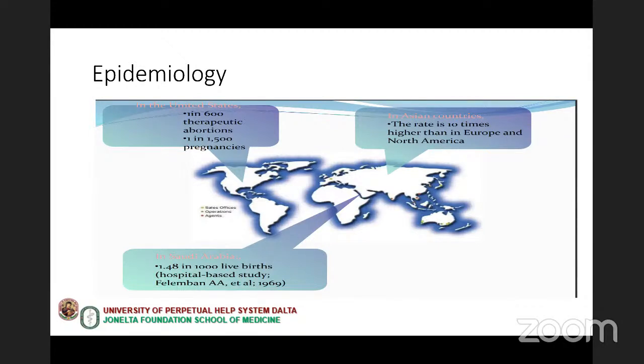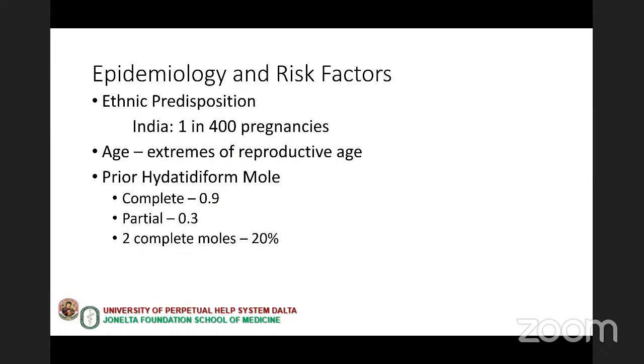For example, in India, it's 1 in every 400 pregnancies. It affects extremes of age and is affected by any prior hydatidiform mole. If it's complete, it's a 0.9 risk, partial 0.3. And if you have had 2 previous complete moles, it could be as high as 20%.